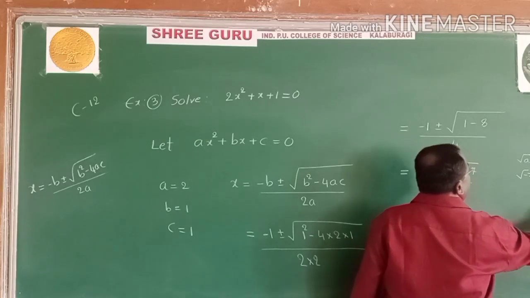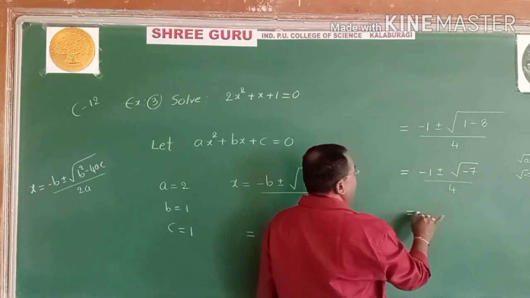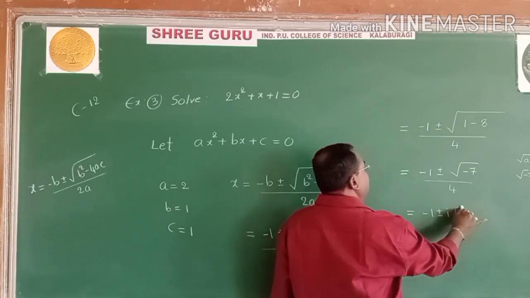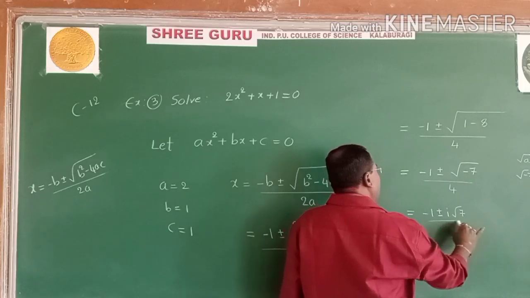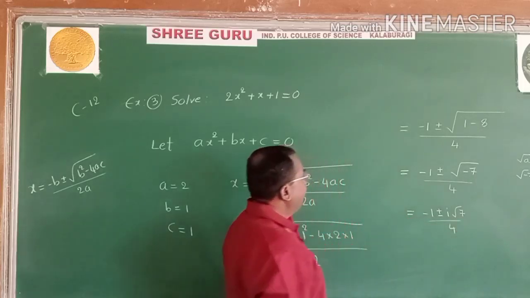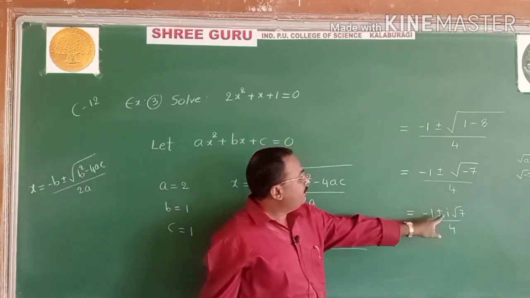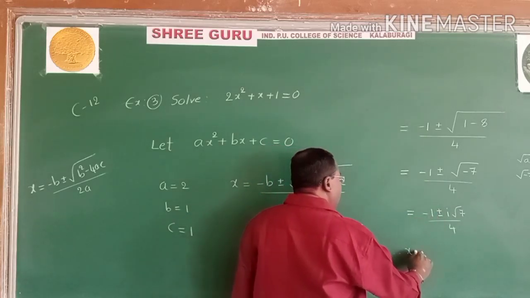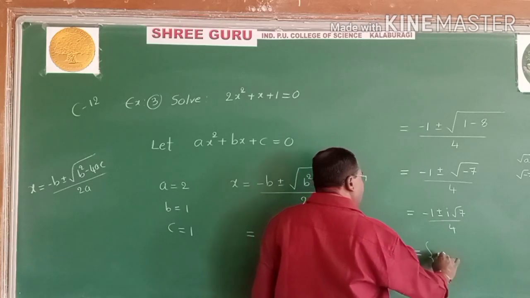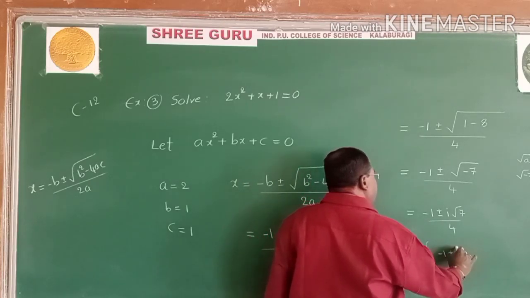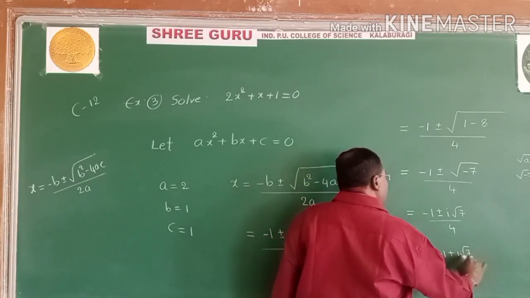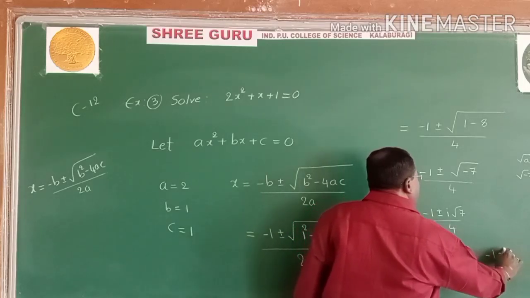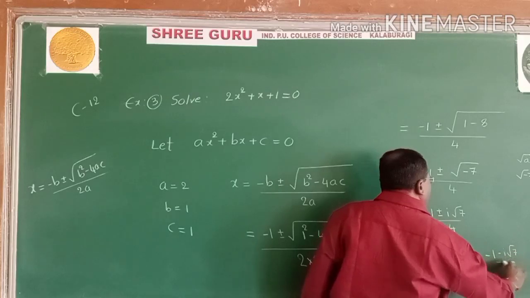I. So I root 7 divided by 4. Here one value is positive, one value is negative. Therefore x is equal to minus 1 plus I root 7 divided by 4, one value. Another value, minus 1 minus I root 7 divided by 4.